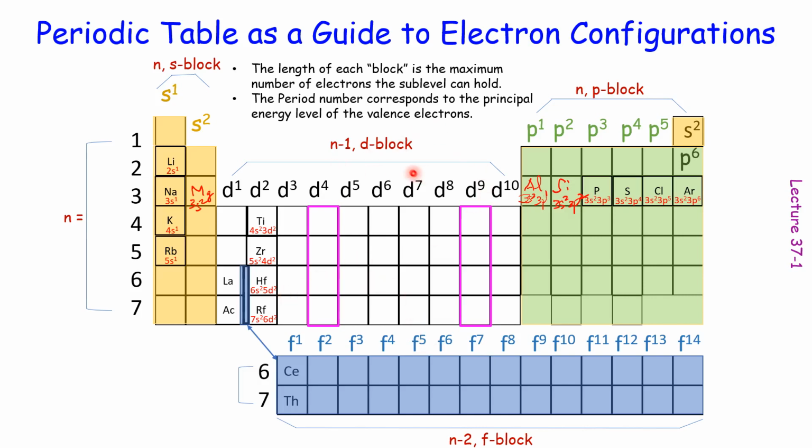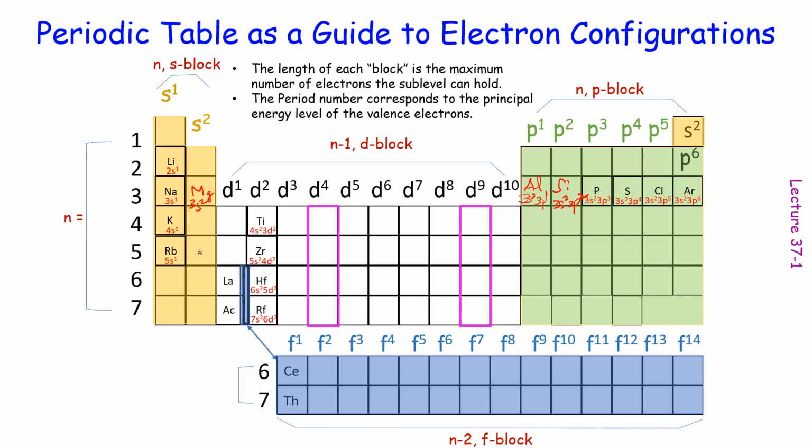Just a quick note here: if you are asked to write the electron configuration of an atom, you just grab a copy of the periodic table, find out its location, and then you can easily get the job done.